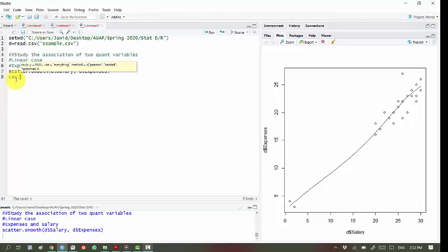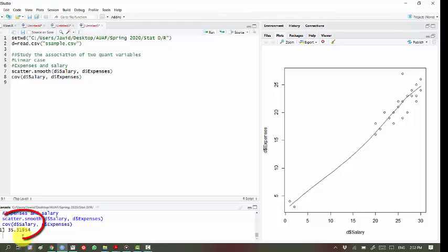As we said, covariance is cov($salary, $expenses), and as you can see, it is 35, a positive number, indicating that there is a direct linear association between salary and expenses, meaning that as salary increases, expenses increase linearly, and that linear association is positive.